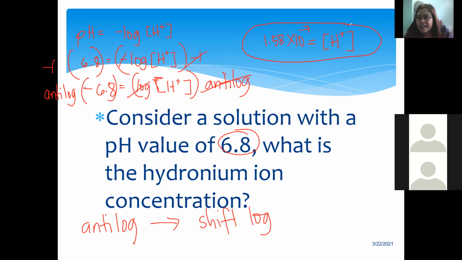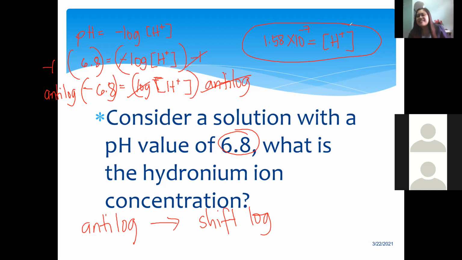Dili siya anyari sa iyong calculator. Again, shift log. I hope you can see the shift in your calculator. It's somewhere nasa taas. Most of the calculator, it's color yellow. Nakuha ba? Nakuha yung 1.58 times 10 raised to the power of negative 7.